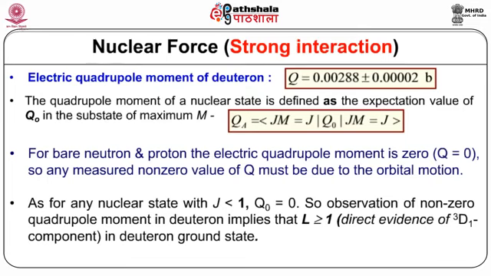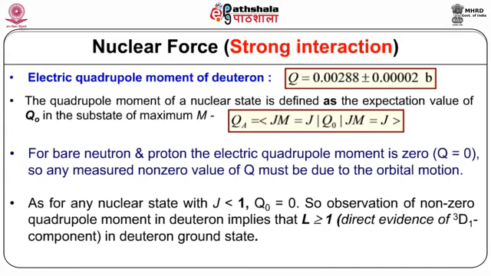The quadrupole moment of a nuclear state is defined as the expectation value of Q_0 in the substate of maximum M. That is, Q is equal to the expectation value of Q_0 in the state J under the condition when M is equal to J. For a bare neutron and proton, the electric quadrupole moment is 0, because the neutron doesn't have any charge and the proton is isolated.